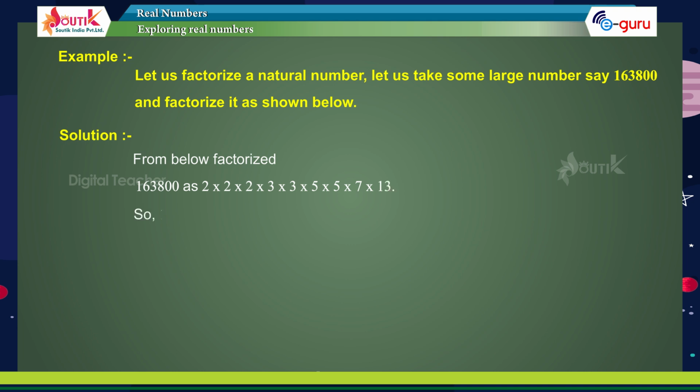So, 1,63,800 equals 2 cube into 3 square into 5 square into 7 into 13, when we write it as a product of powers of primes.